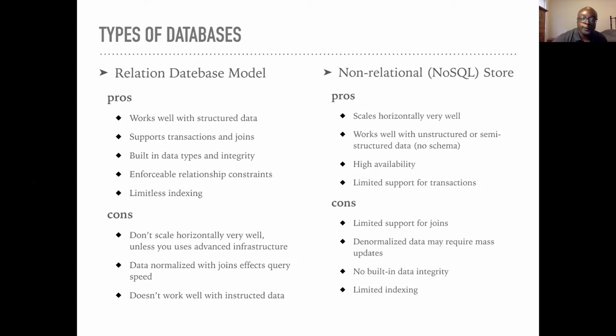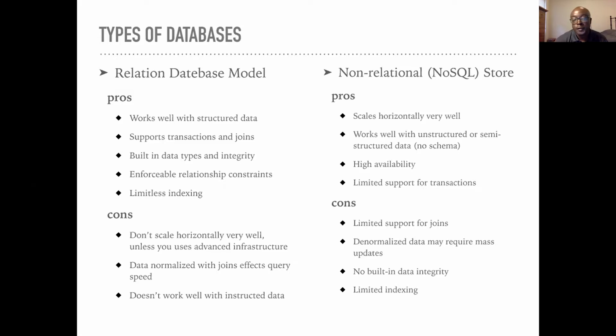Some other cons of relational databases: the data is normalized, which can affect the speed of your queries, so you're using joins to get back information that is spread out amongst multiple tables. And it doesn't really work well with unstructured data.